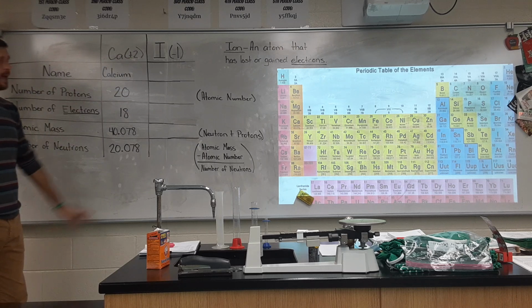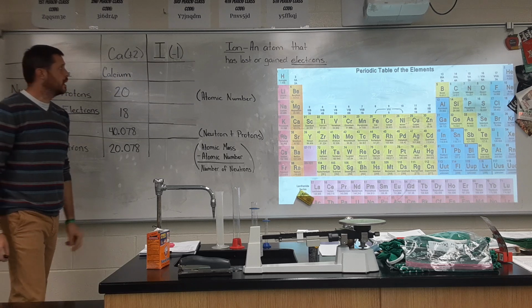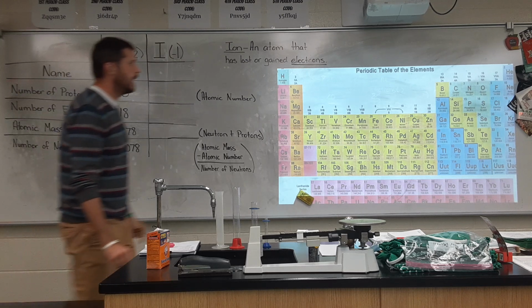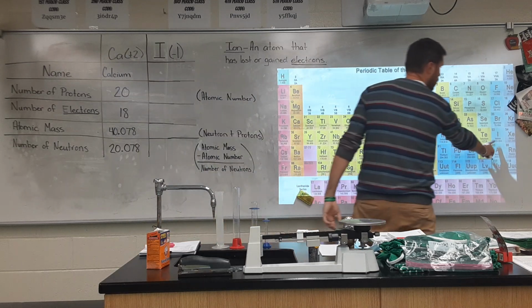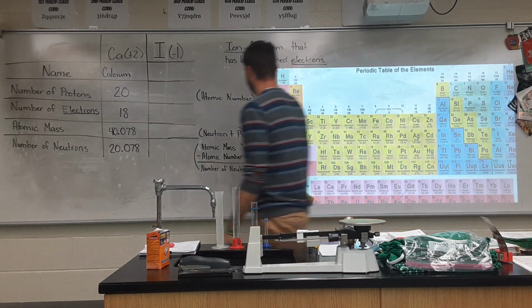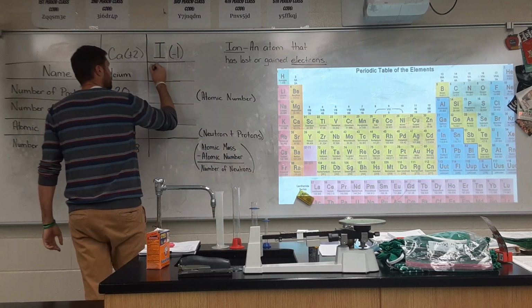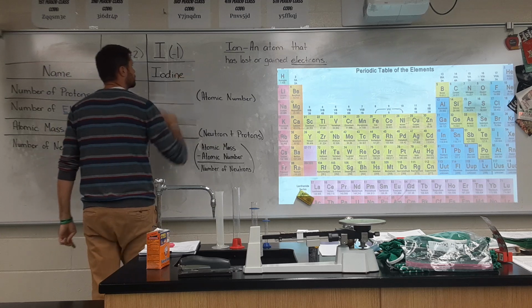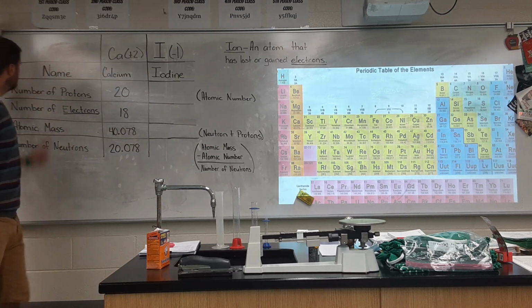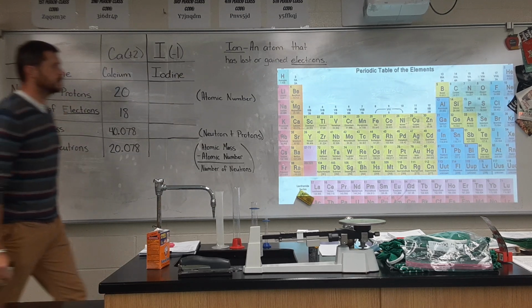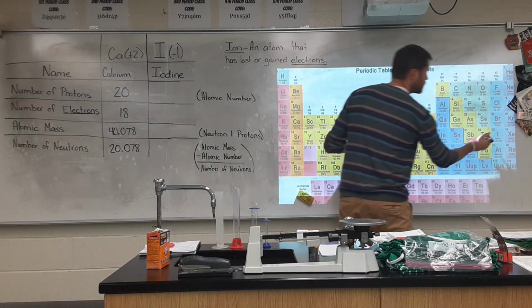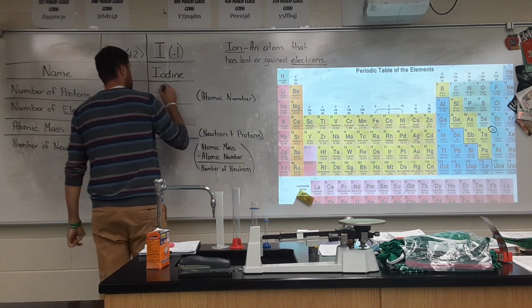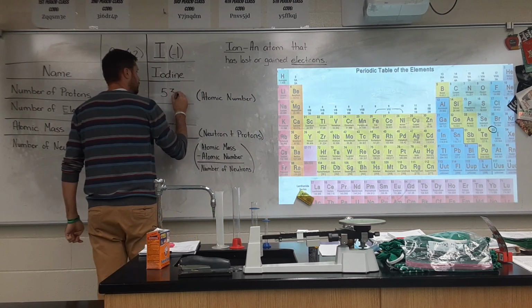All right, let's do an anion. So I minus 1. So first thing, name: iodine over here. Next question, number of protons. Again, same process. Atomic number tells us number of protons. Iodine has 53.